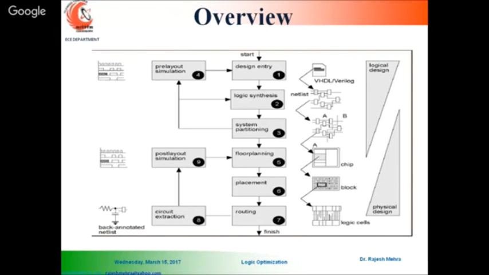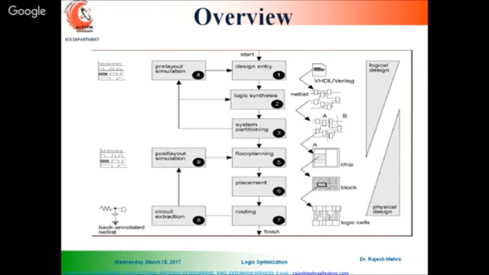You partition the system, and this system partitioning will be done in HLS, high level synthesis. This is basically your synthesis part, and logic synthesis and system partitioning are the two we are going to discuss in detail.